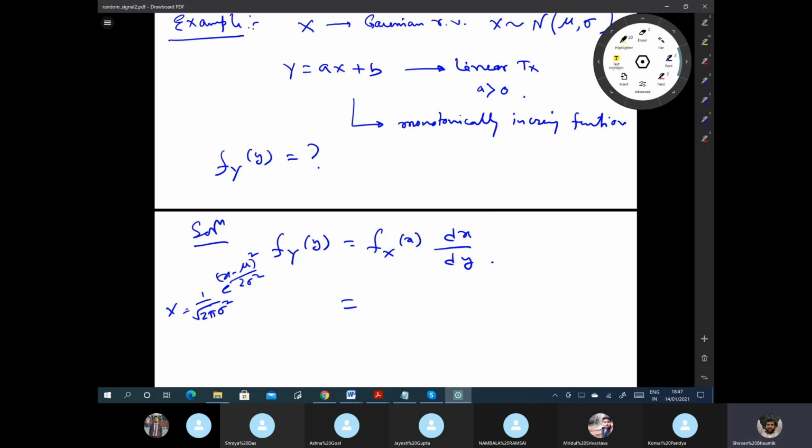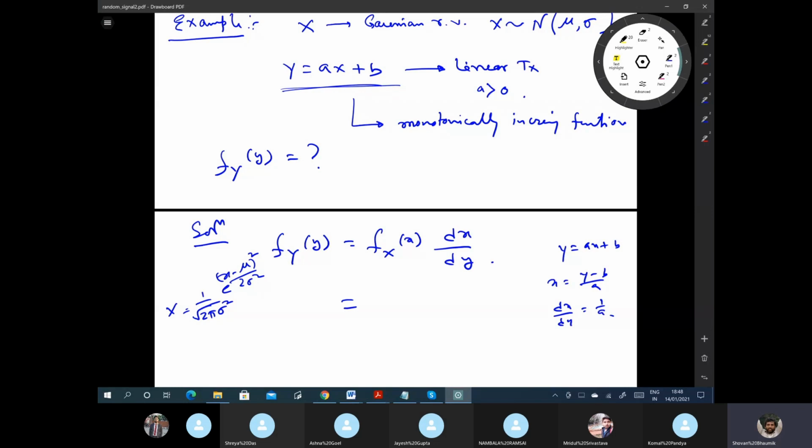So if we do dx by dy, what will we get? y is equal to ax plus b, so x will be equal to y minus b by a. So dx by dy will be equal to 1 by a.